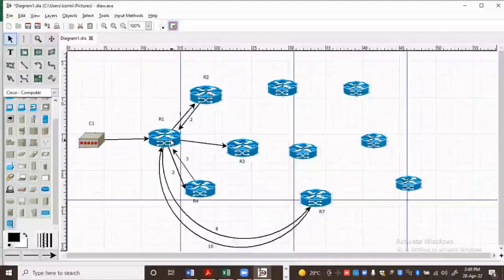So the assumption is I'm a customer connected to router 1, and you want to use the Dijkstra algorithm to tabulate all the cost associated with moving packets from my modem through router 1 to every other router within the Vodafone MPLS network. Okay.